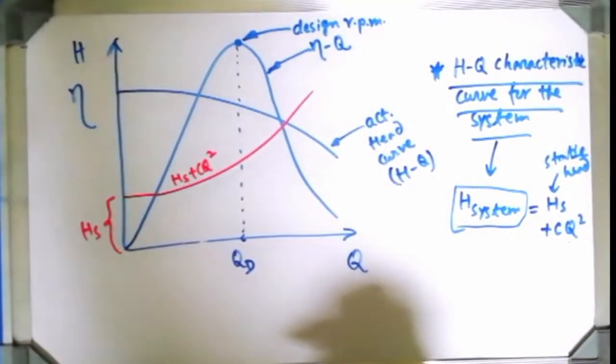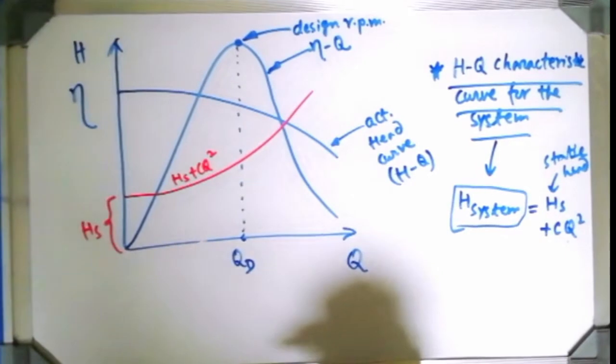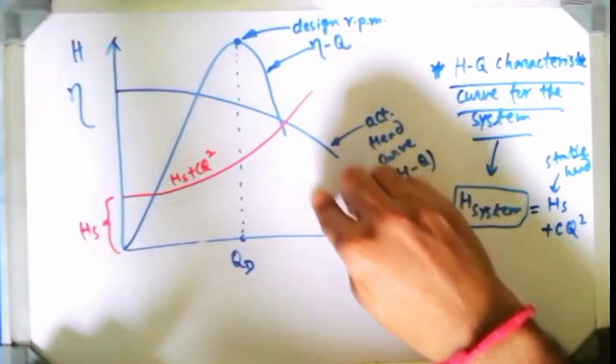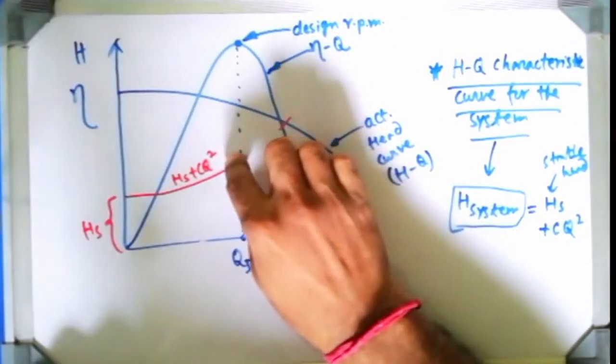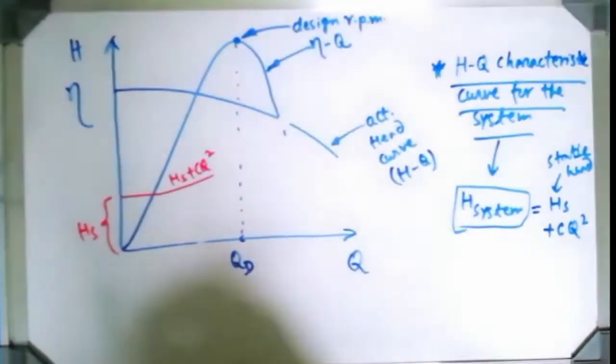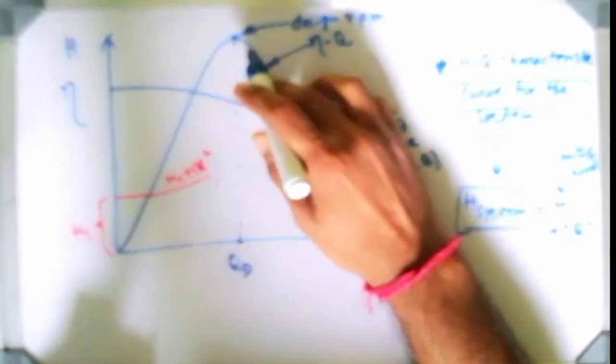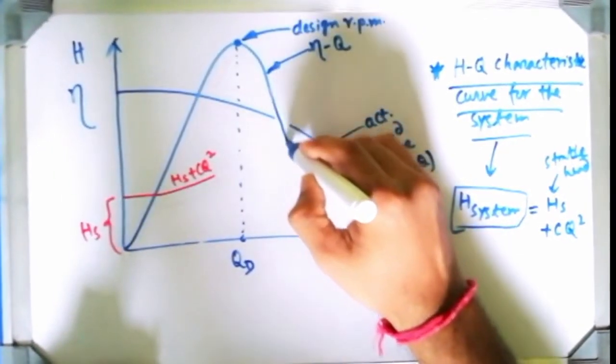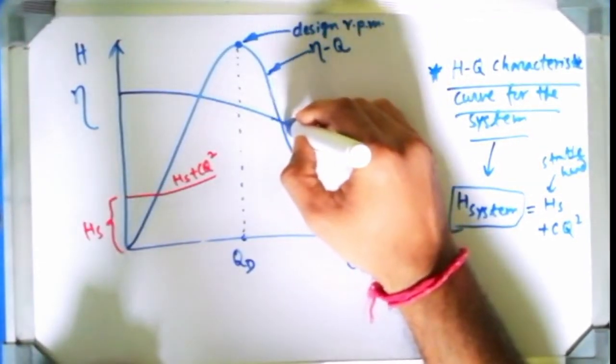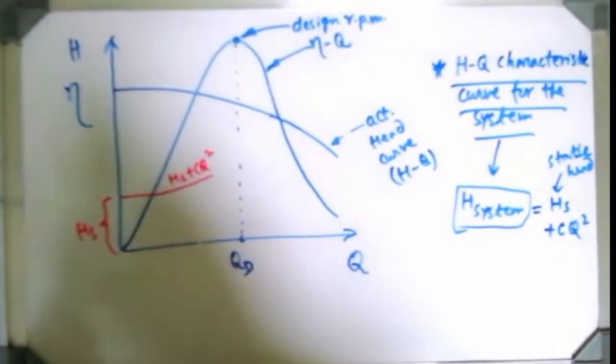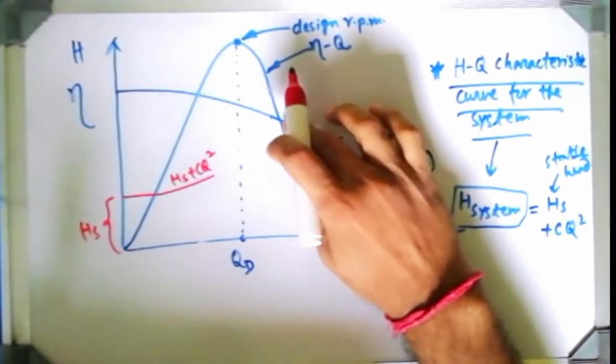From here what can we see? Let me make some adjustment. This is the efficiency curve. This is the actual head curve, and this is the system characteristics curve.